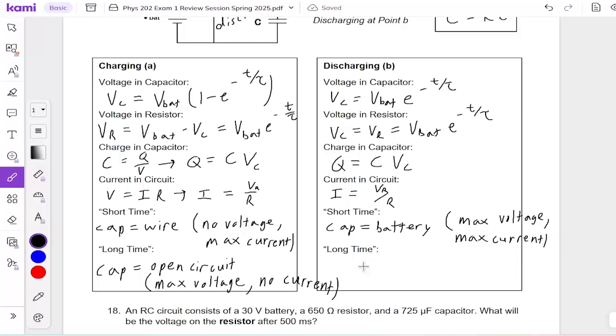After a long time, the capacitor is back to a wire again, and we have no voltage and no current. It's kind of like nothing's going on. You're out of power, right? You're done.